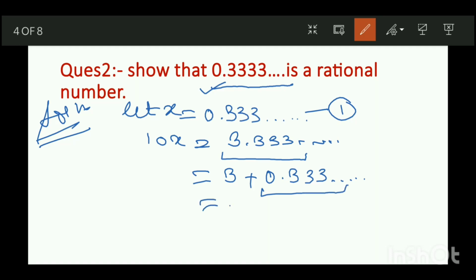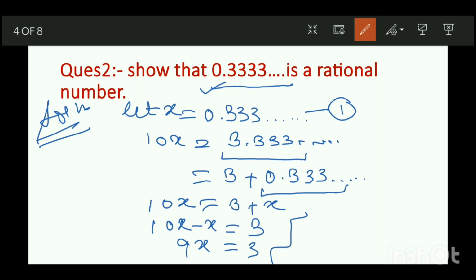So we get 3 plus x. So 10x is equal to 3 plus x. When we take x to the left side, 10x minus x is equal to 3. So 9x is equal to 3. So x is equal to 3 by 9, which is equal to 1 by 3.